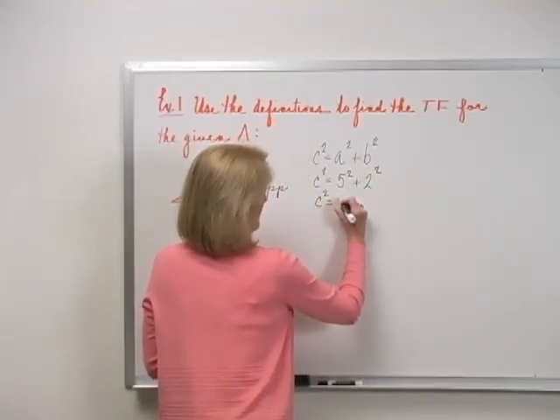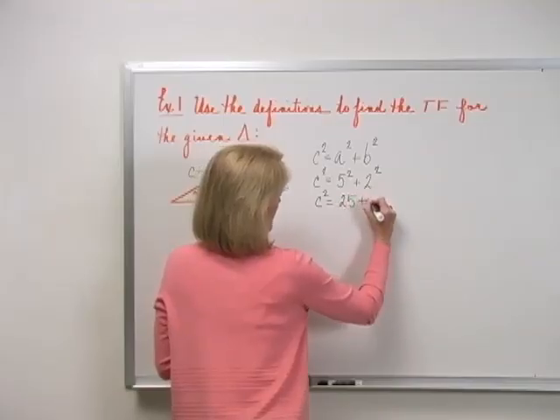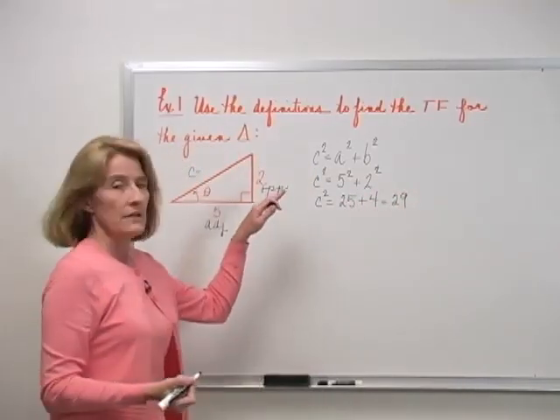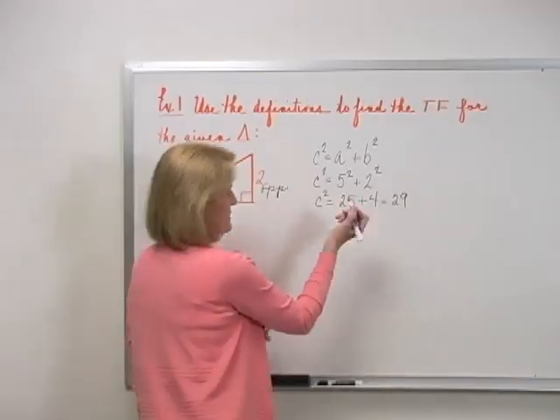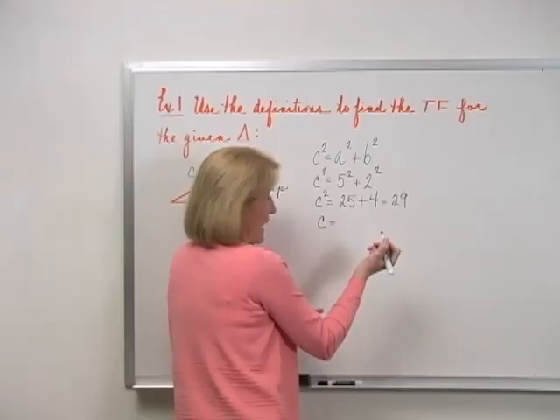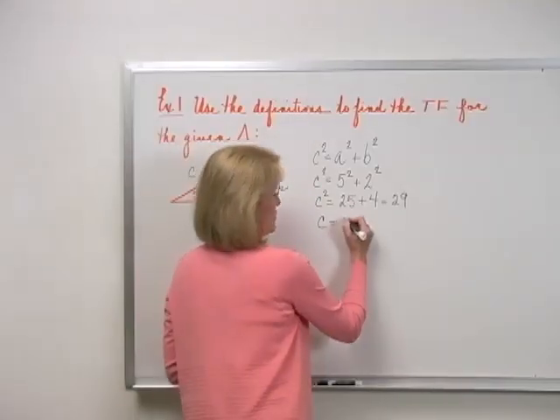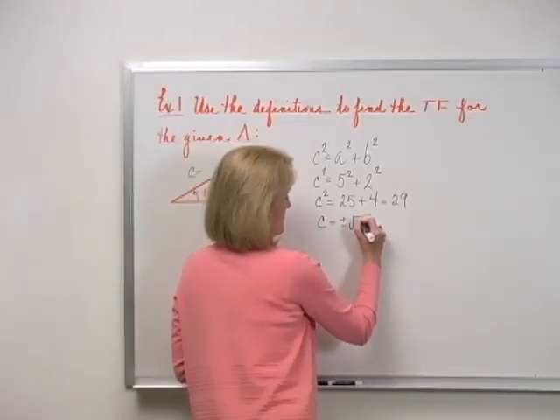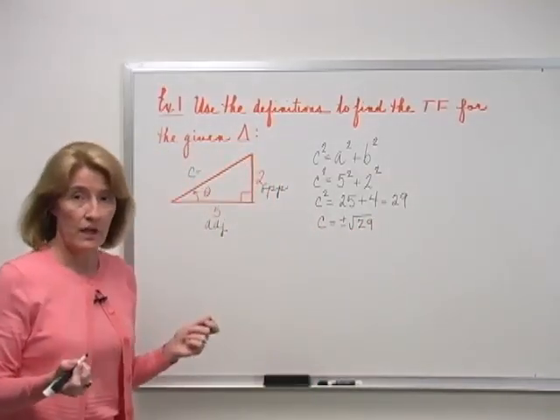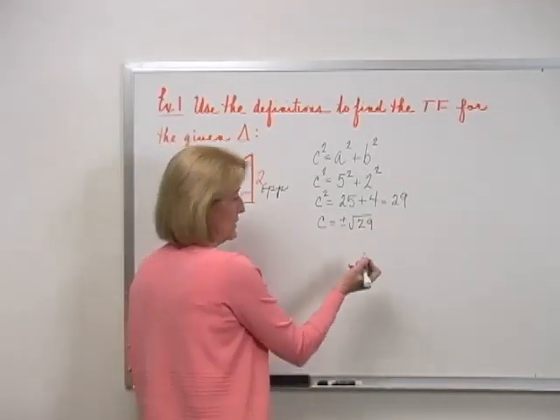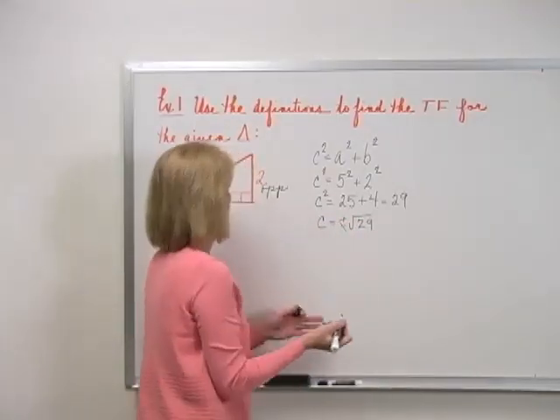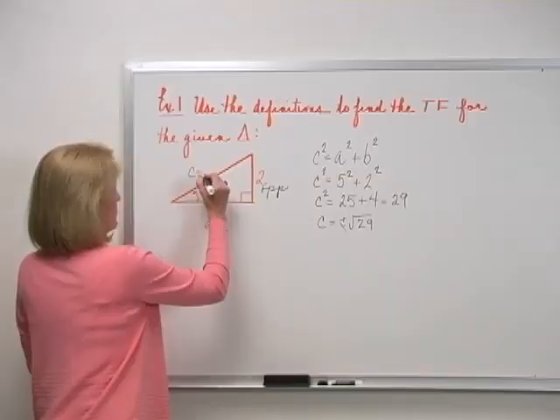So C squared is 25 plus 4, which is 29. Now, this is an algebraic expression, and so when you take the square root of both sides, algebraically, unrelated to geometry, you would get plus or minus the square root of 29. But because this is the length of a side of a triangle, there's a geometric restriction here, which says, of course, the side of a triangle can't be negative. And so in our case, C is the square root of 29.